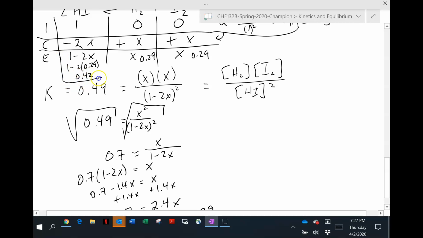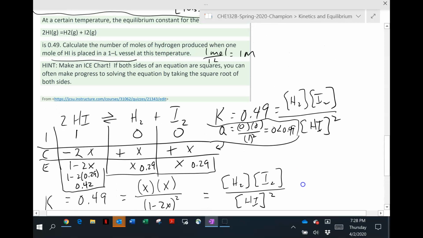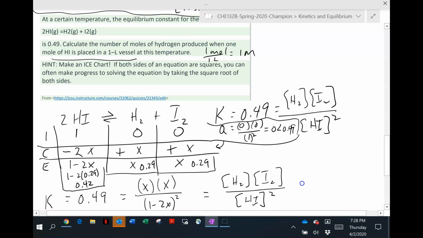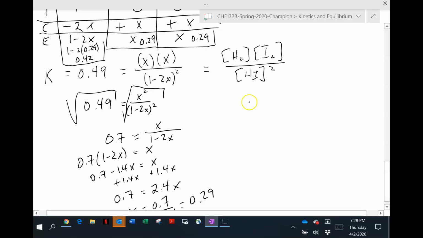So there's our equilibrium values, so we're asked to calculate the number of moles of hydrogen, which would be the 0.29. That's the answer we've got. Now, we normally want to do a check, and the check is we'll plug in our values and see what Q is.